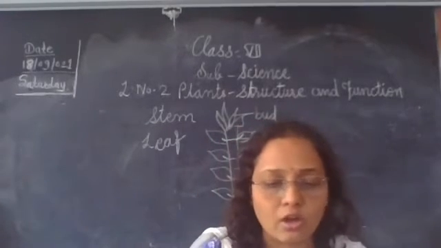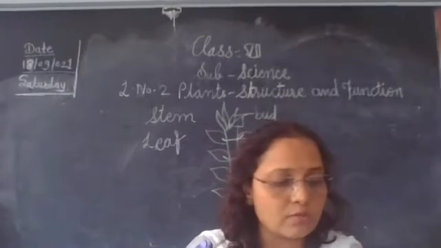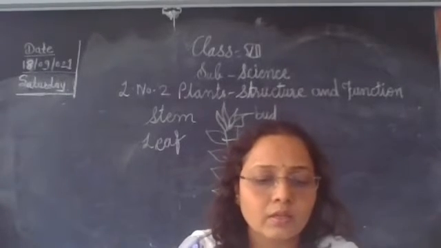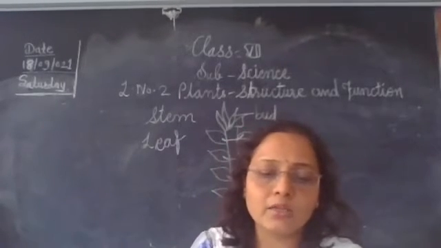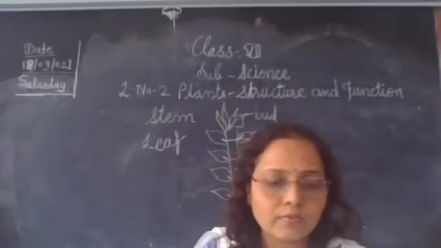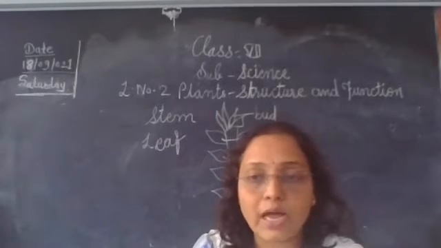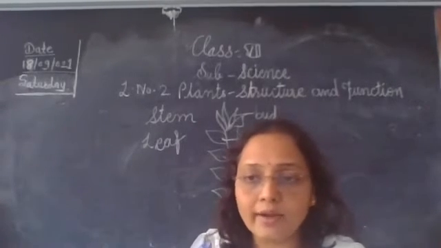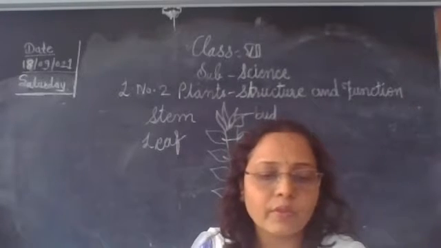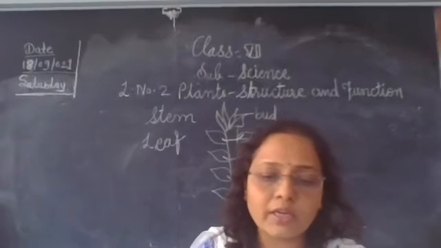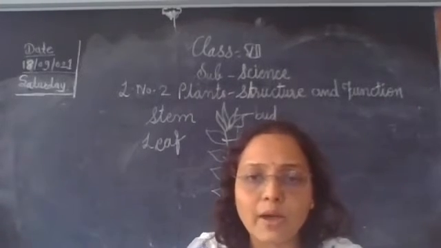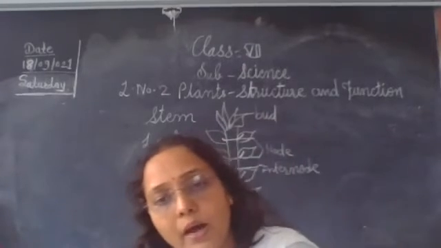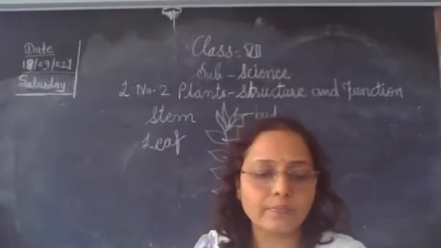What is the function of the stem? The stem gives various functions. The stem helps the plant to stay upright. It bears branches, leaves, flowers and fruits. It transports water and minerals absorbed by the root to the different parts of the plant.